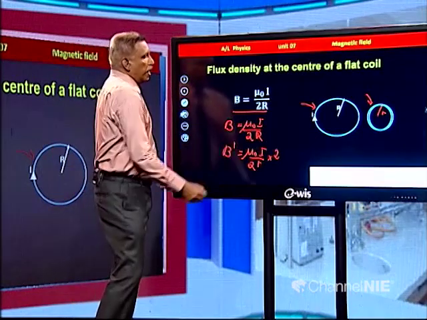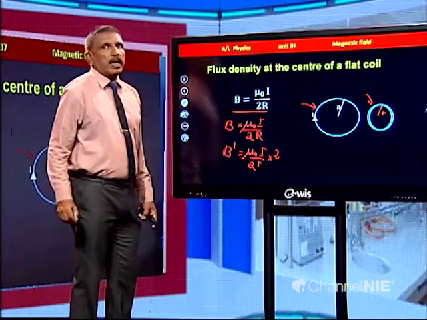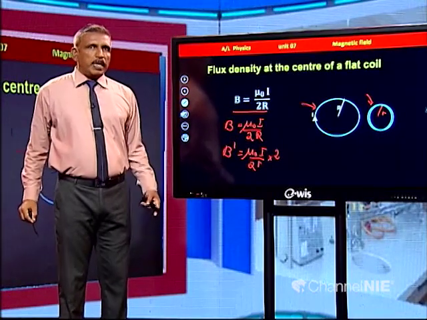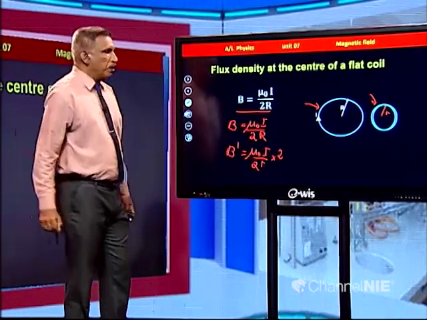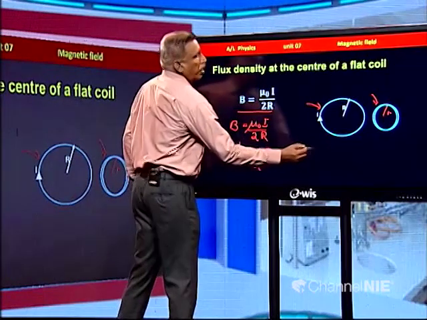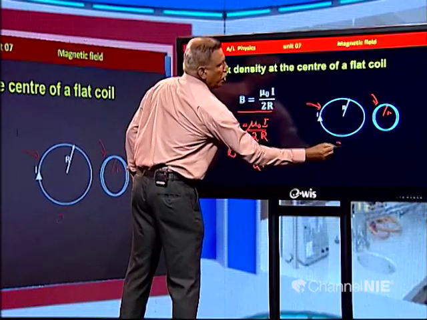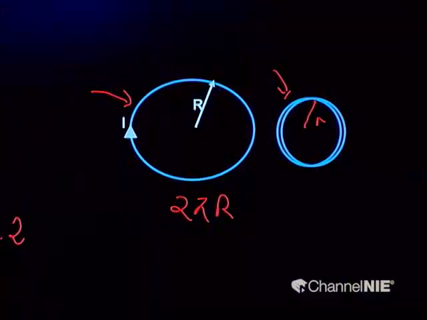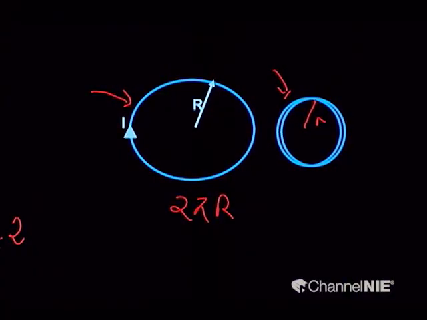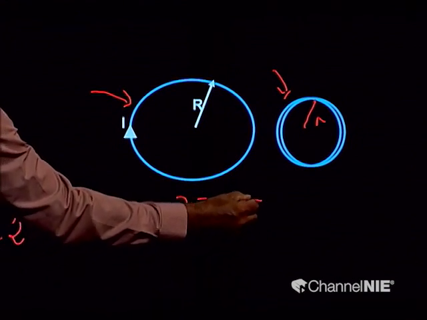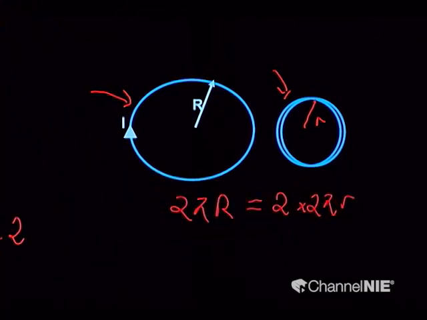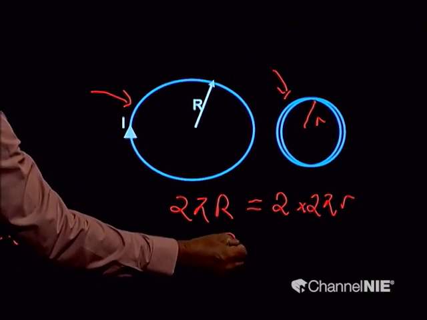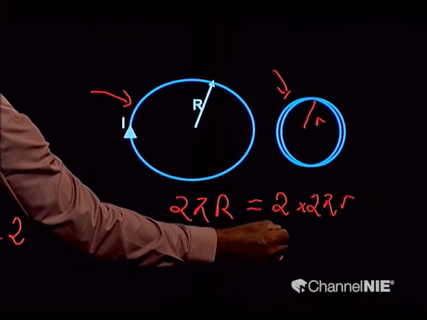We want to find the relationship between capital R and small r. We can equate the lengths, since both lengths are equal. The circumference is 2πR, and this is the length of this coil. That is equal to 2 × 2πr. Cancel the 2π and we get R = 2r.